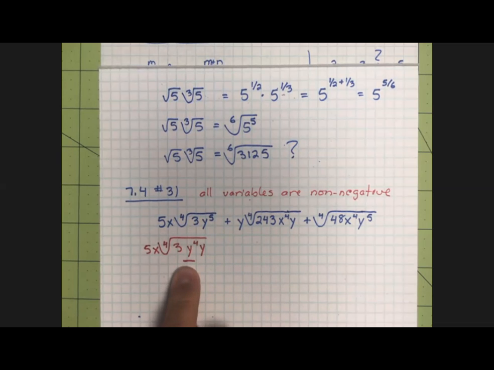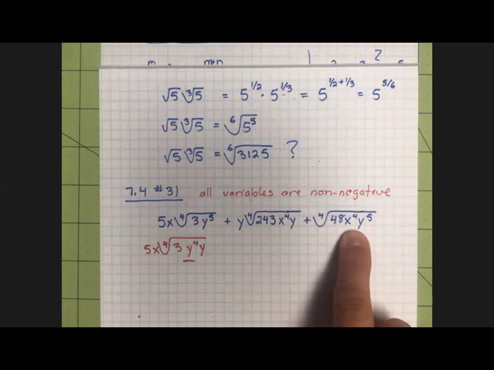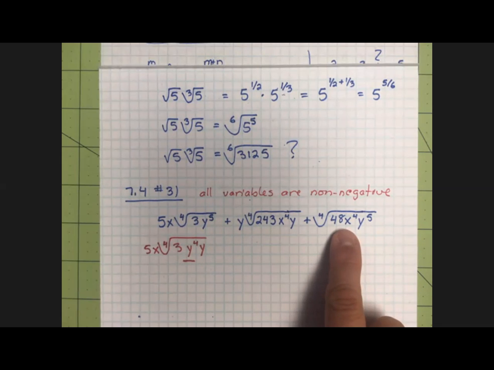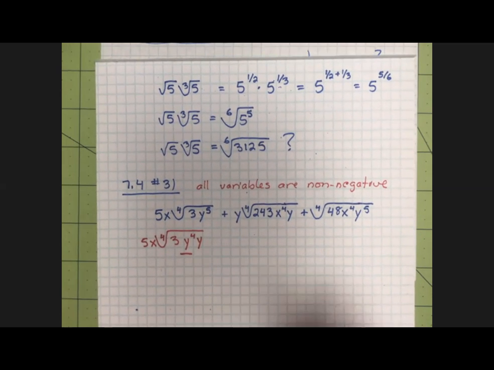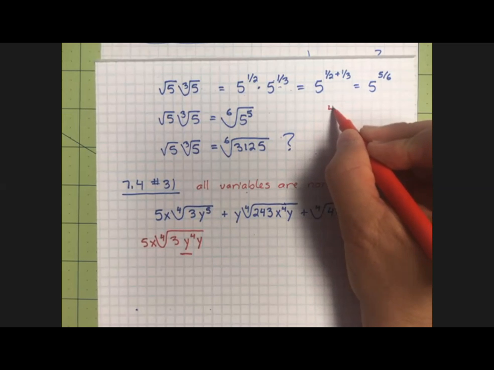And then I'll say, oh, there's a perfect 4th power of x and a perfect 4th power of y. So I feel good about that. Now it's these other numbers, 243 and 48. Are they perfect 4th powers? Do they have perfect 4th powers in them? Well, that's what we've got to figure out.